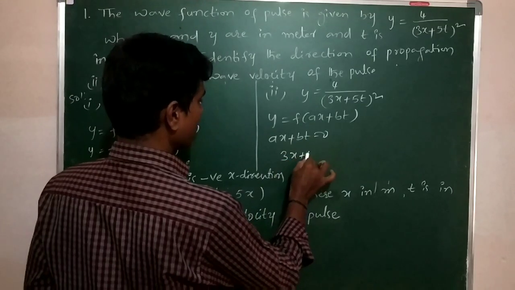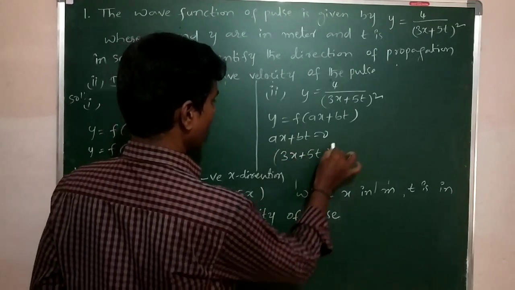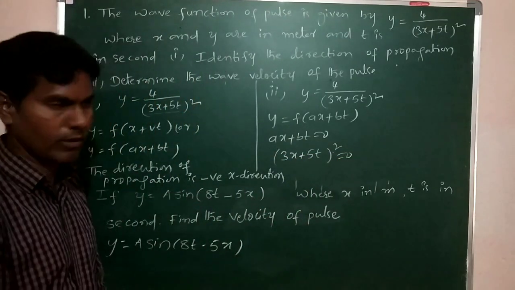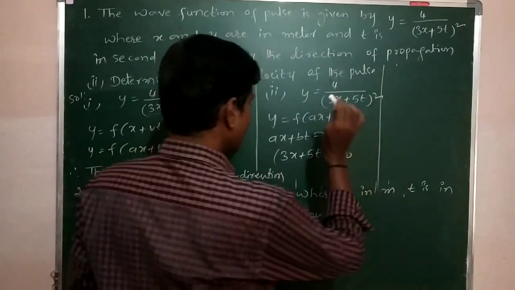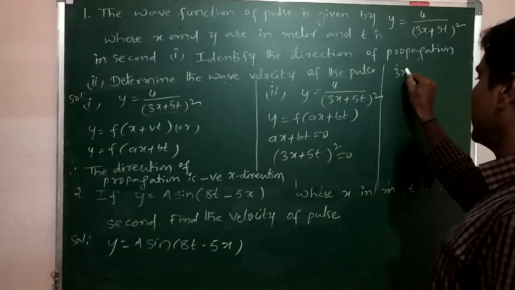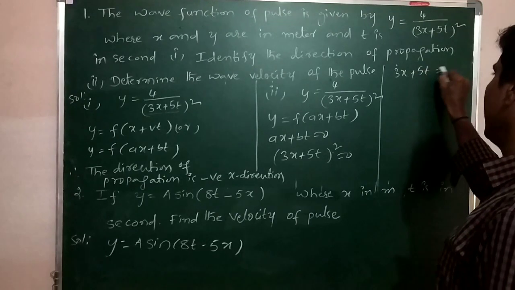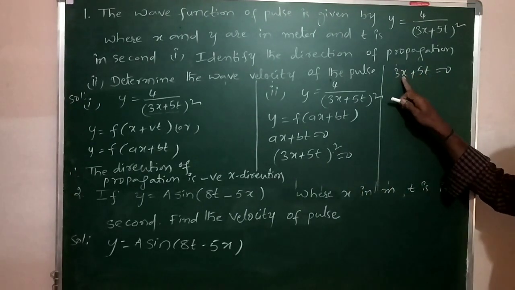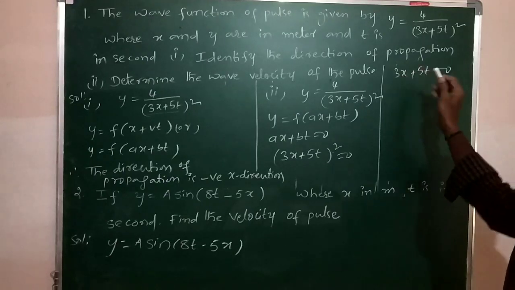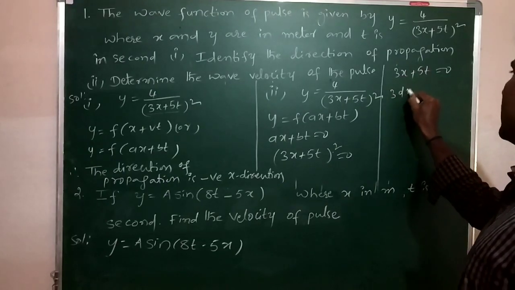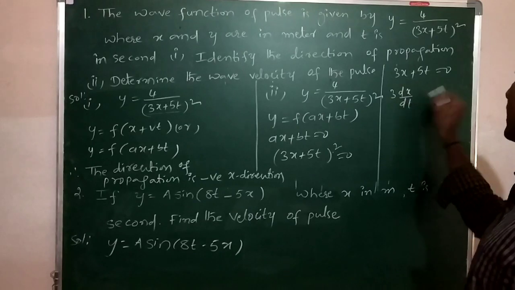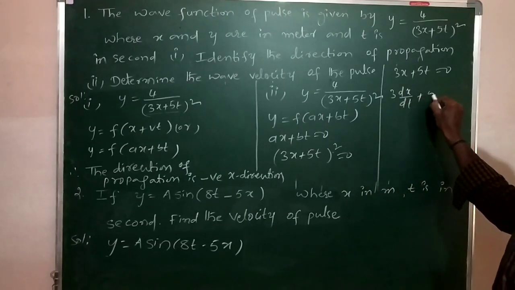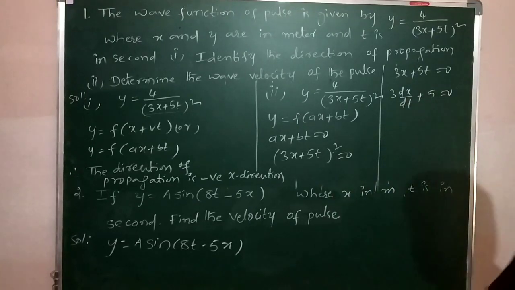Here (3x plus 5t) whole square equals 0, so 3x plus 5t equals 0. Differentiating x with respect to time: 3 dx by dt plus 5 equals 0.